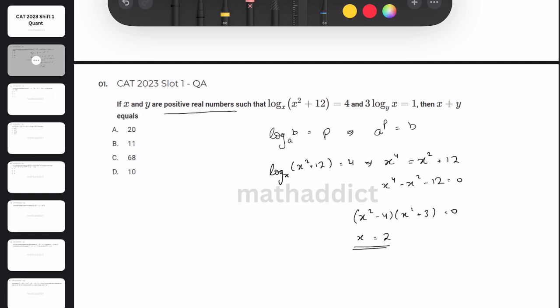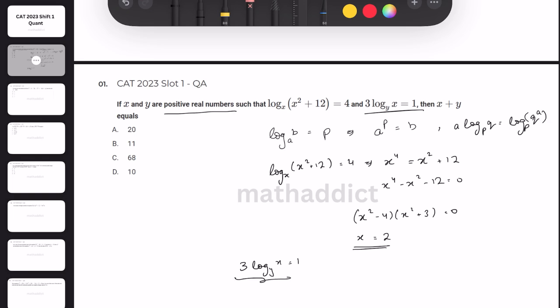And the second thing we are given is 3 log base y of x. Another thing to recall: a log p equals log p to the power a.